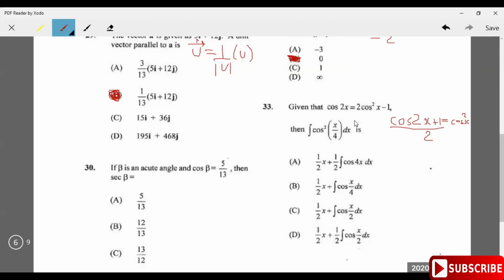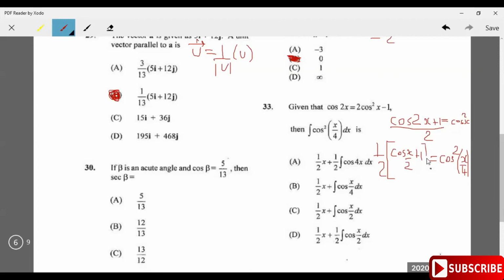Now let's say I replaced x with x over 4. So what I'm getting is that cos square x over 4 is equal to, now I can factor out the half, and write in bracket, cos 2x now, where x is x over 4. 2 times x over 4 is the cosine of x over 2, plus 1.